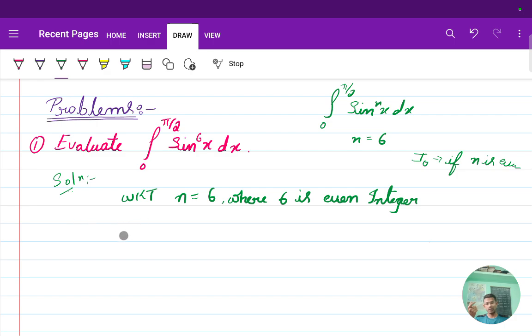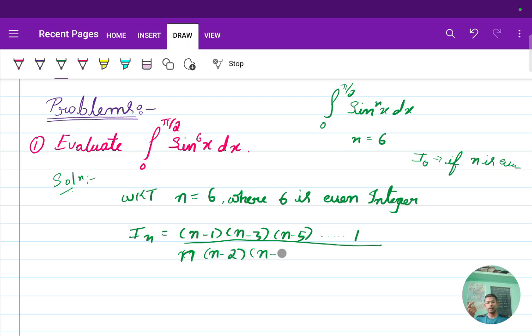The formula is: In is equal to (n minus 1)(n minus 3)(n minus 5) and so on up to 1, whole divided by n into (n minus 2)(n minus 4) and so on up to 2, into I naught.